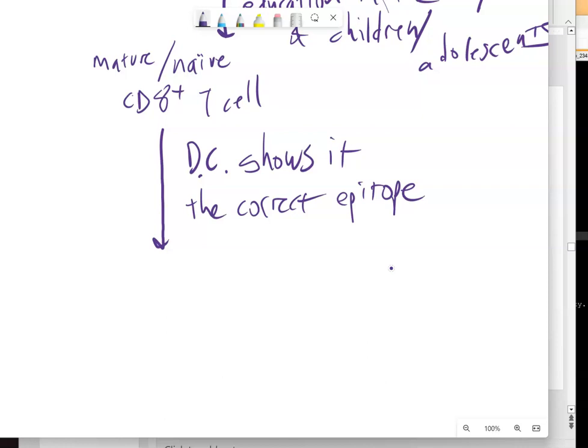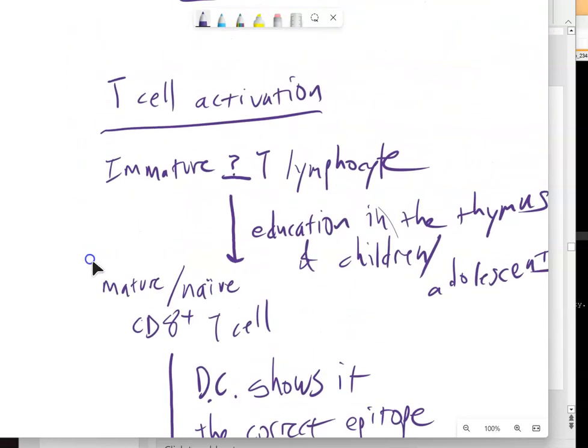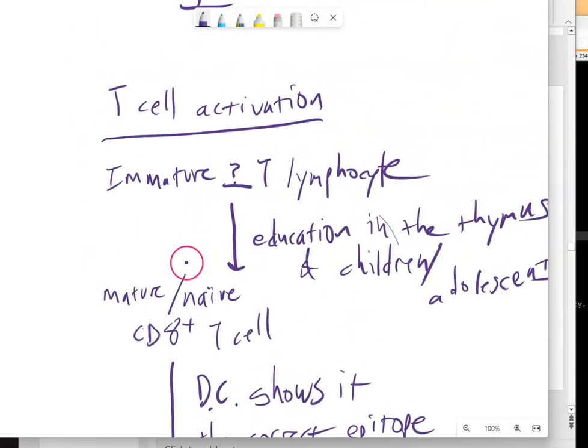This is typically only going to happen during a real immune response, when there's a ton of some pathogen in the body. That makes this likely. Only if a dendritic cell shows it its epitope, then it will go through activation. You know what? I'm an idiot. I shouldn't have called this activation. I should have called this development. My apologies.